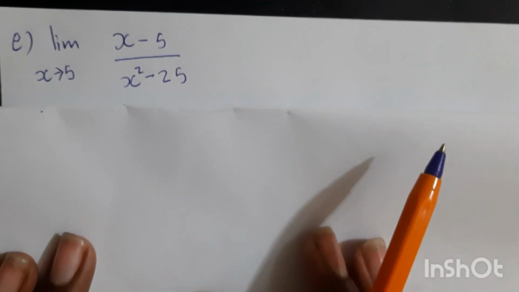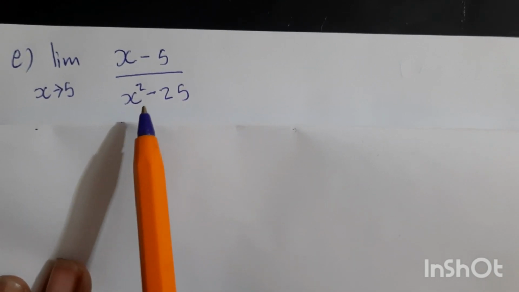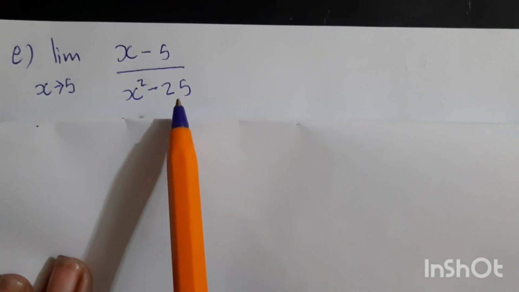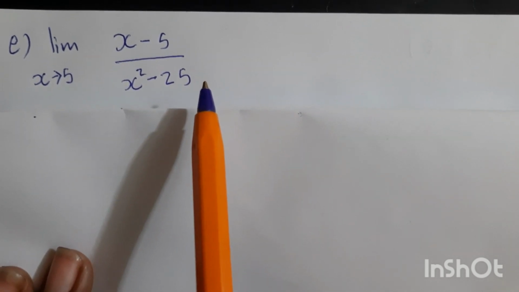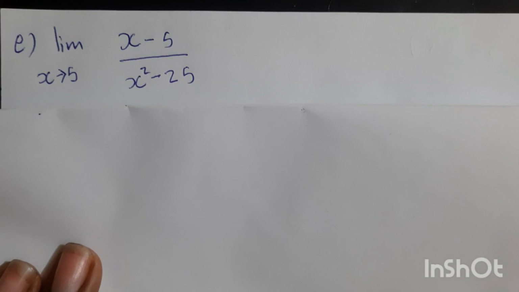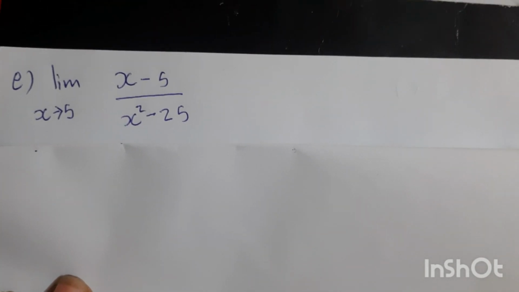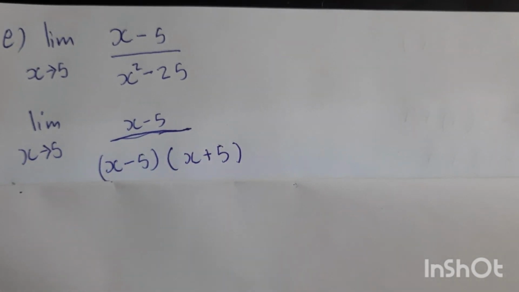And it's going to turn out as x minus 5 over x minus 5, all of that in brackets, times open brackets x plus 5. Difference of 2 squares, so we'll have different signs, but the same values.